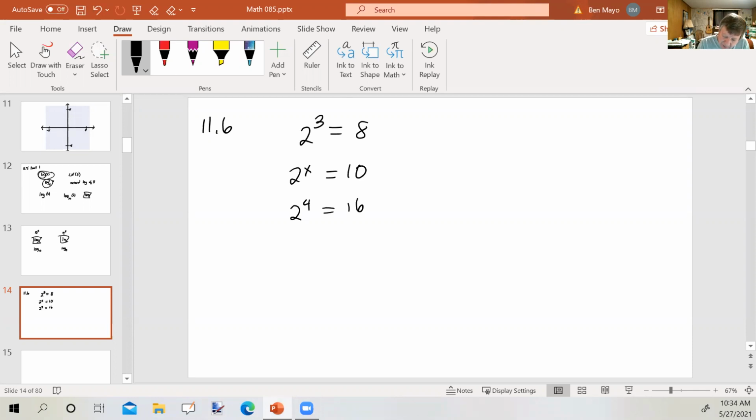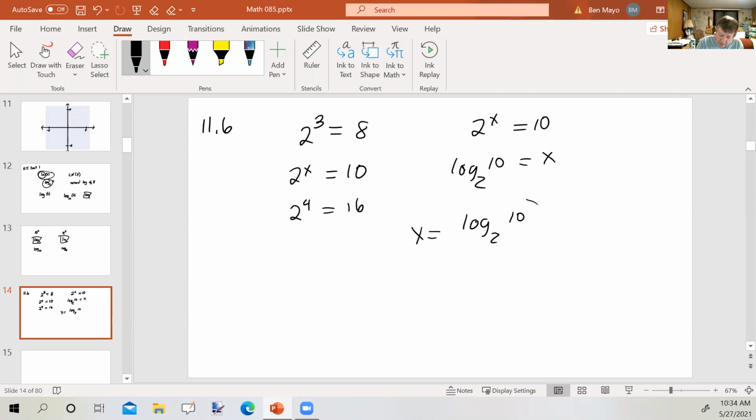So from that, we got 2 to the X equals 10. Then we learned to use logarithms to take an exponential equation like this and change it into log base 2 of 10 equals X, or we could say X equals log base 2 of 10.